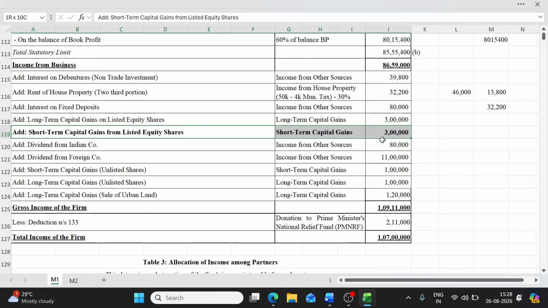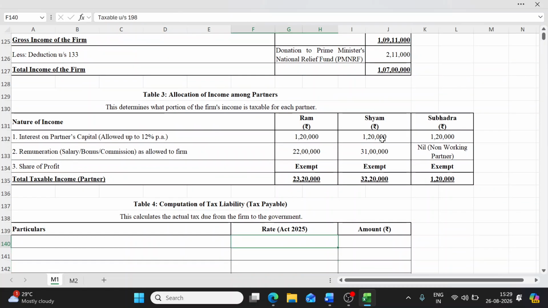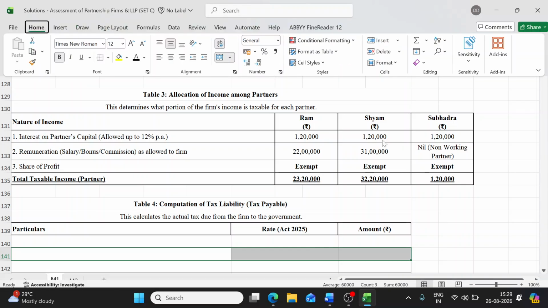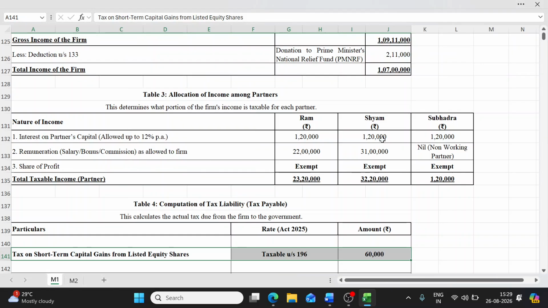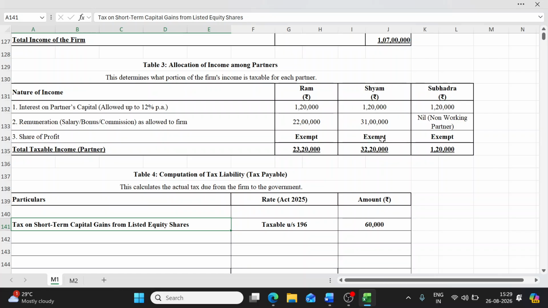On this 3 lakh rupees, this firm should pay tax at the rate of 20% under section 196. So here I'll mention this first. Short-term capital gain. The total income is 3 lakhs, and the rate of income tax is 20%. So 20% on 3 lakhs.